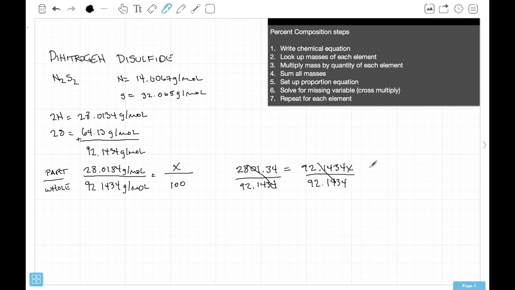And we find that X equals 30.4%. And that represents the percentage of nitrogen in dinitrogen disulfide.